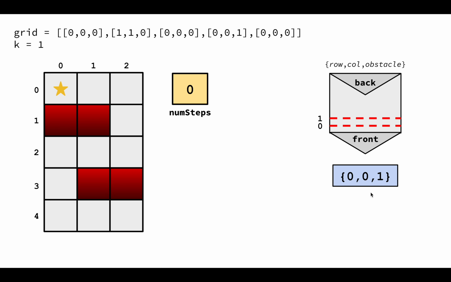In this case, here are our valid directions. And this time you'll notice that we actually can't go here because we do not have any obstacle eliminations left in our balance. So the only 2 valid directions are going down or going up. So that turns red.